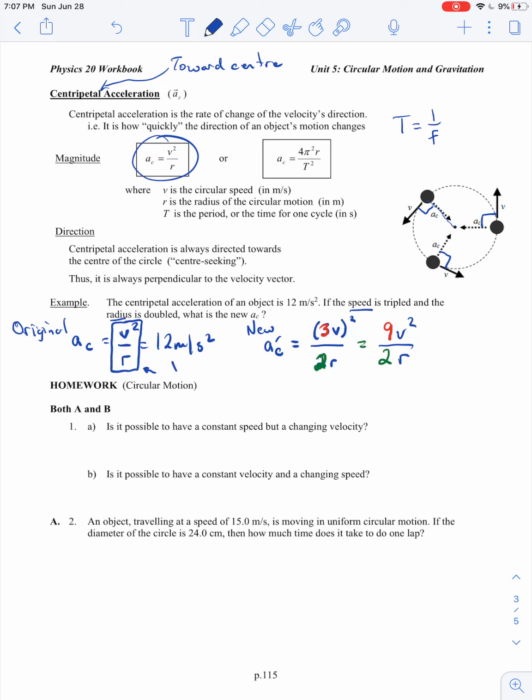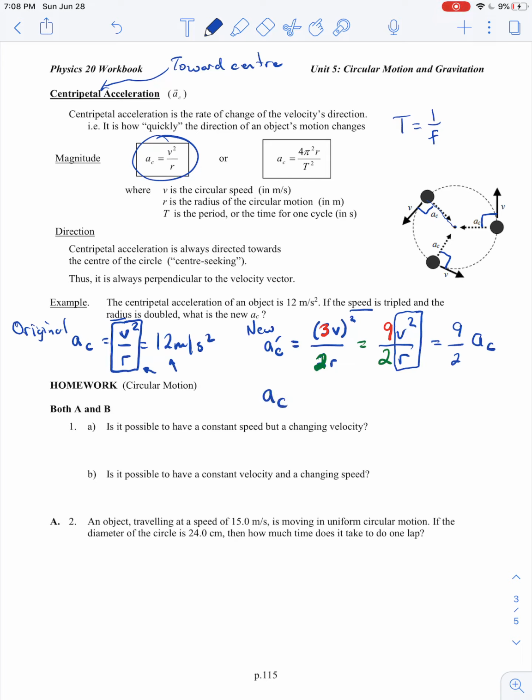So remember what I said before, that this v squared upon r is equal to 12 meters per second squared. So this new acceleration must be 9/2 of the original acceleration.